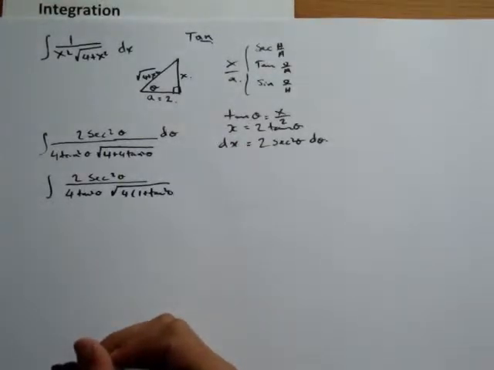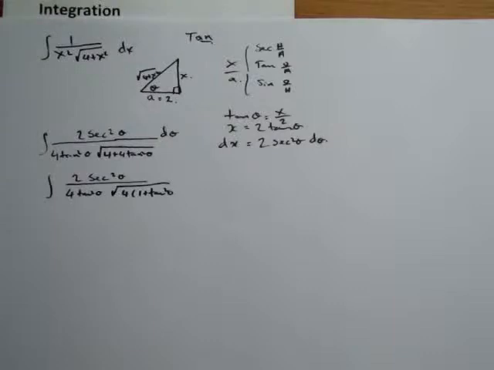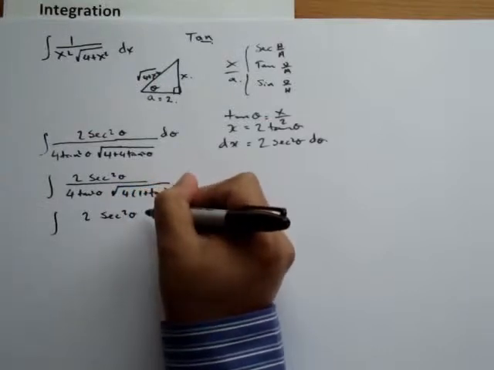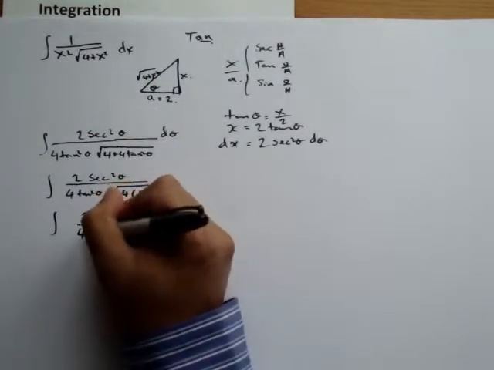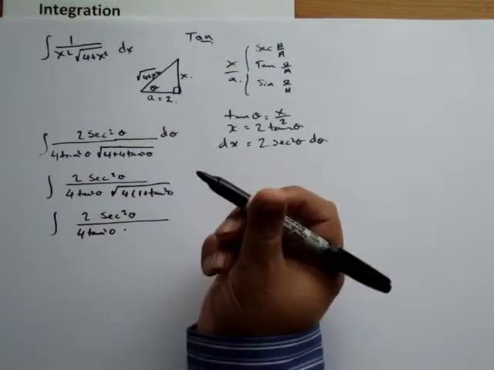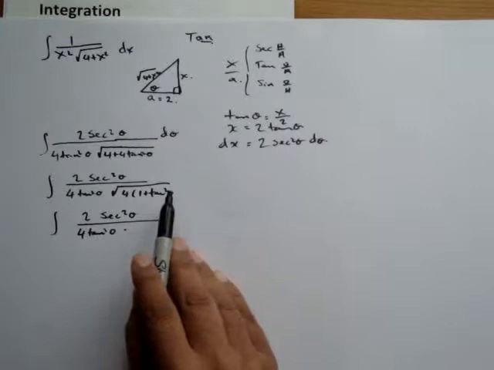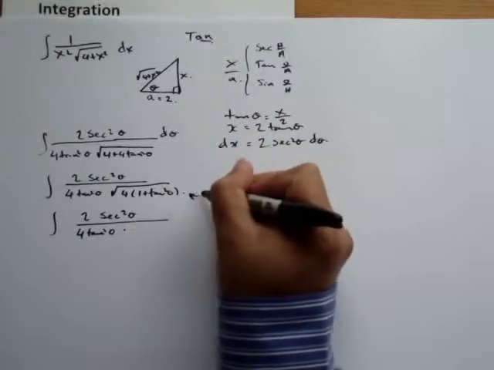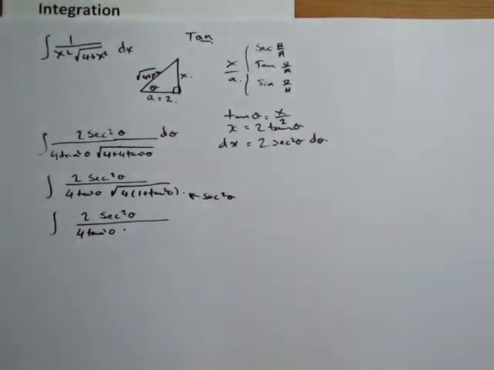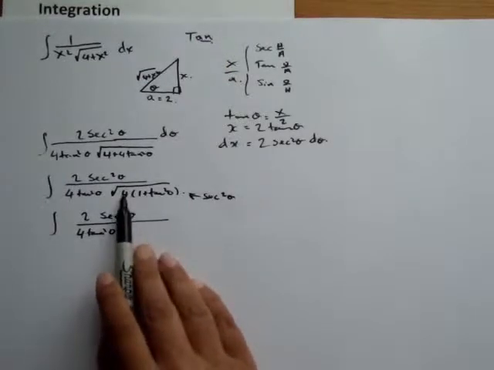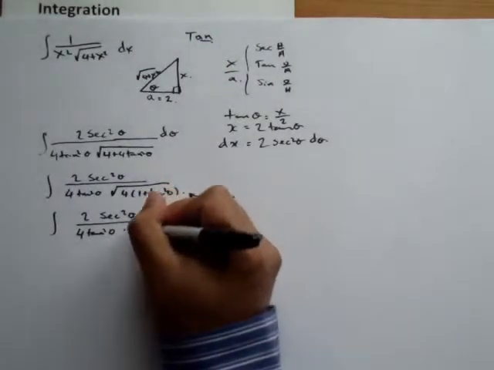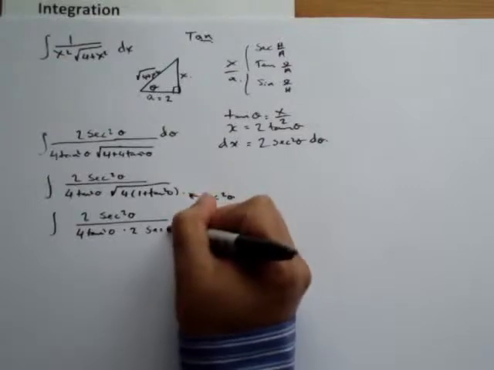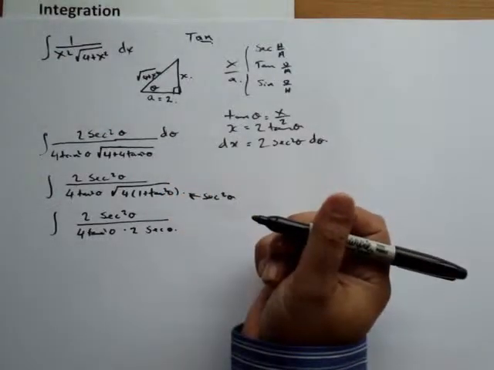Then when we take the square root of that, we get 2 sec squared theta over 4 tan squared theta, and then 1 plus tan squared theta, the identity is sec squared theta, the square root of 4 is 2, and the square root of sec squared theta is sec theta, d theta.